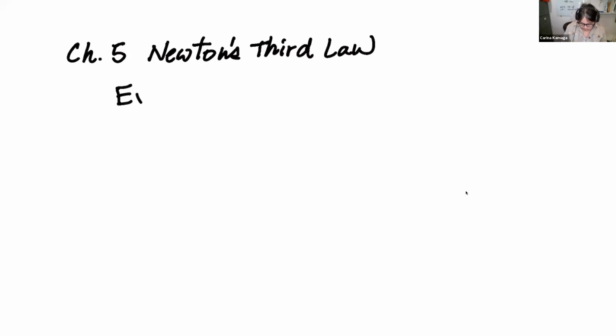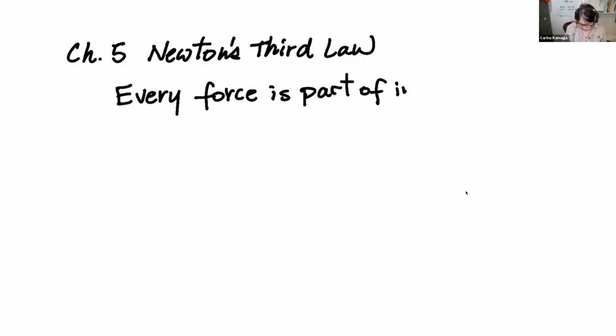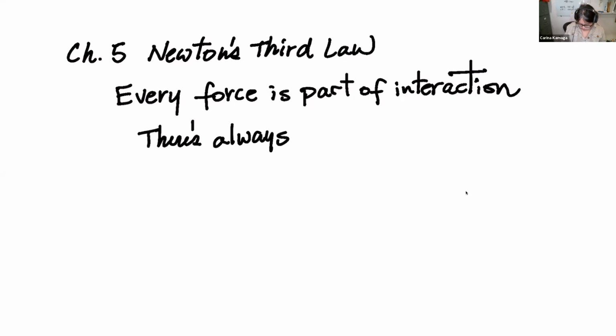Every force is part of an interaction, which means all force comes in pairs.